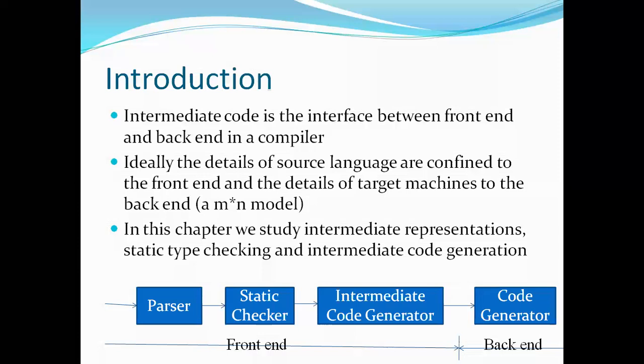And the role of the parser is initially taking the input from the lexical analyzer. By implementing the parsing techniques at the parser, we generate the parse tree. That parse tree acts as an input to the static checker, where the static checker is nothing but a semantic analyzer. There we perform the type checking.